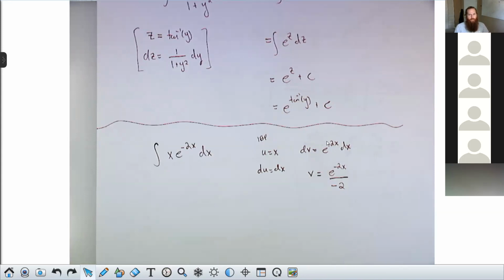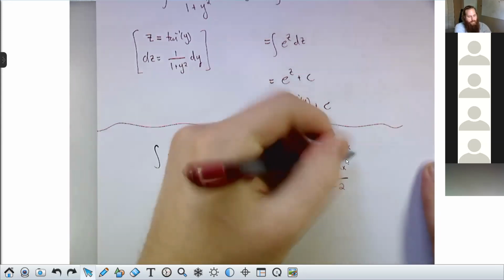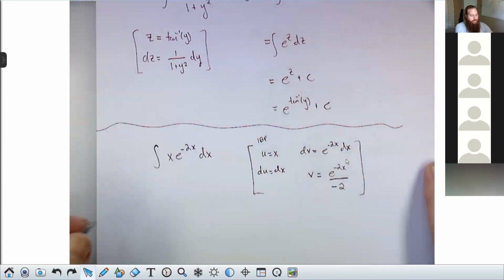Now we would do the little substitution z equals negative 2x. That will give you dz equals negative 2 dx. Divide both sides by negative 2, and you'll get negative 1/2 times the integral of e to the z dz. So this is the way we get going on number 5.